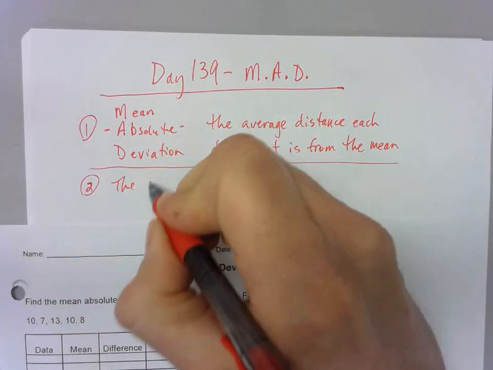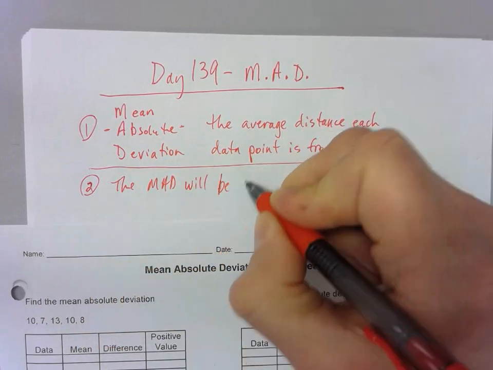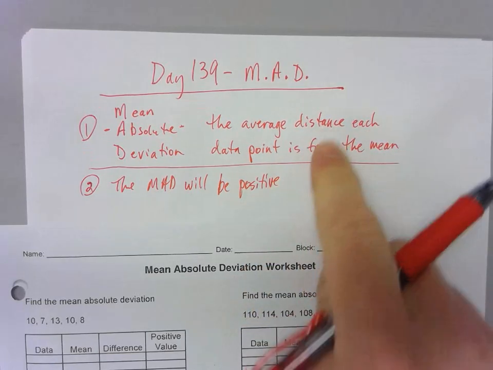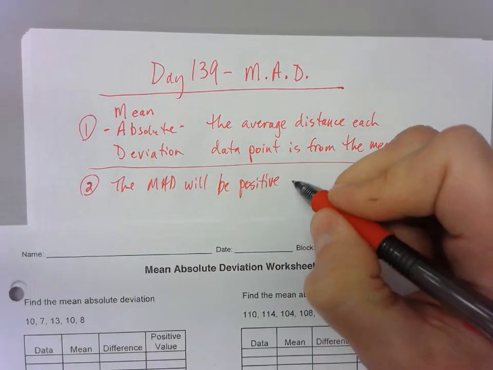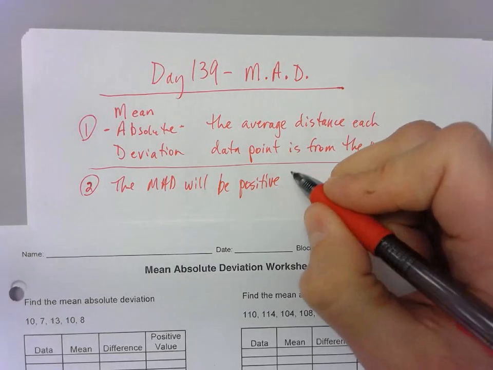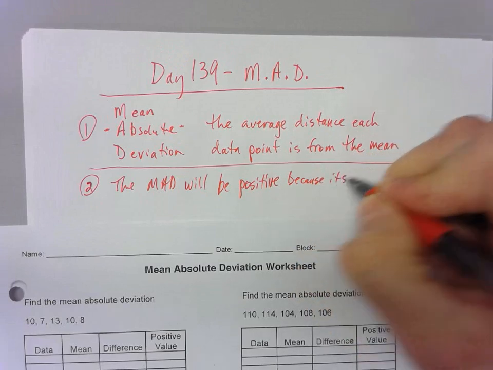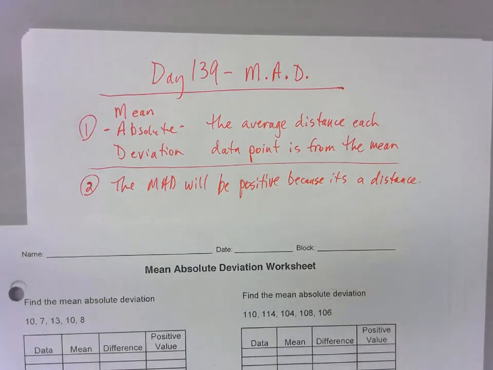So the MAD will be positive because it's a distance. The distance away it is from zero. So when we talked about absolute zero a long time ago, it's tying into the same thing. So no negative distances. Now we may get some negative numbers, but at the end it's all going to be in a positive amount, because it's a distance away from the mean.